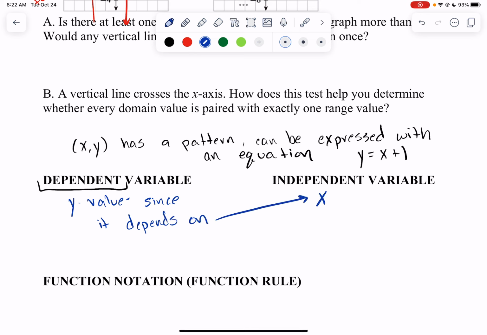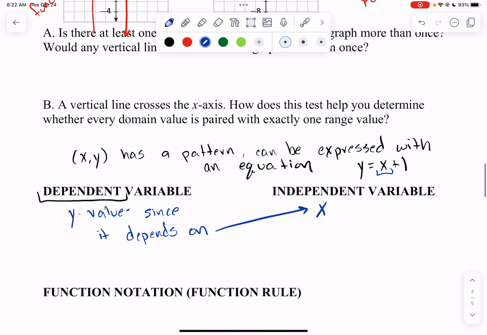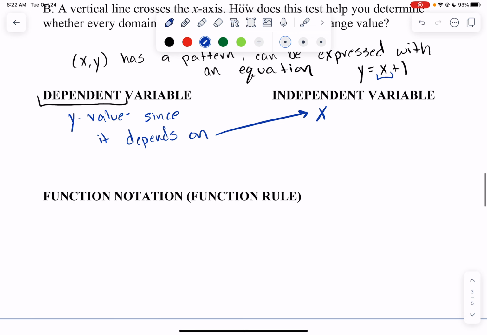My x is my independent variable because I can just pick an x to put in and see, and depending on what x I put in, it changes what my y is. So my independent variable is my x. It doesn't depend on my y.